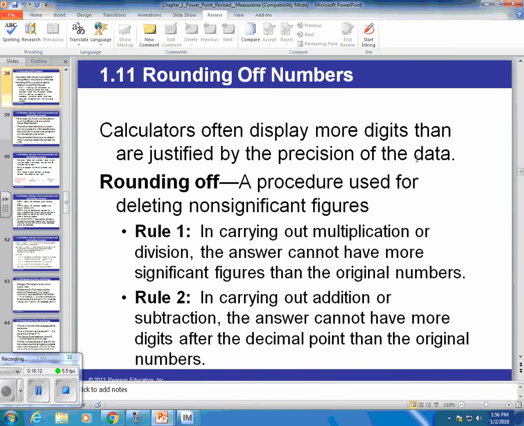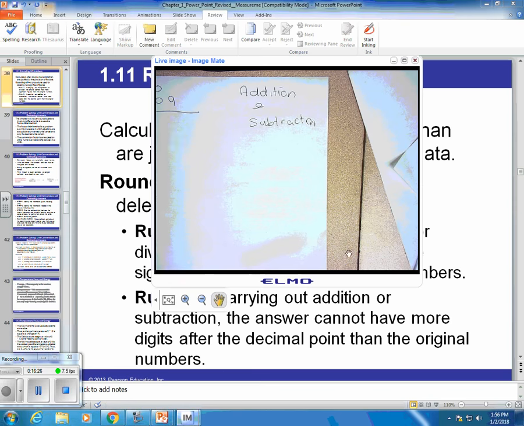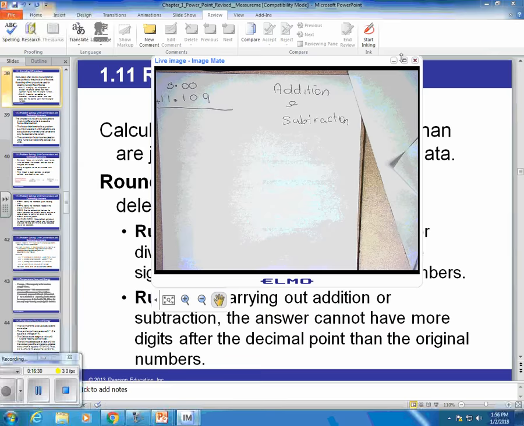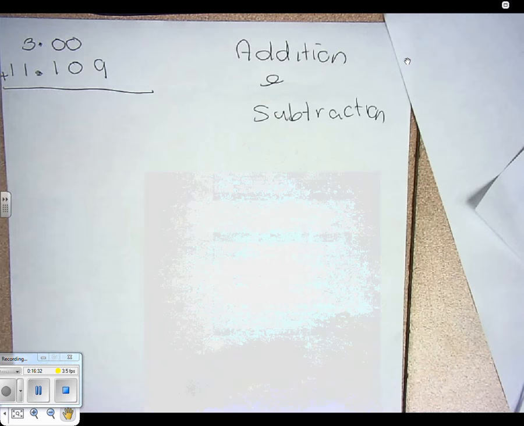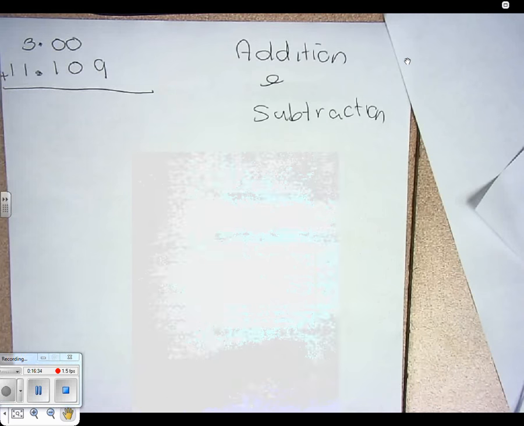Now, with addition and subtraction, we want to look at the rules a little bit differently. Recall that when you're carrying out addition or subtraction, the answer cannot have more digits after the decimal point than the original number. So let's go back and look at our example. Here we have 3 being added to 11.109.